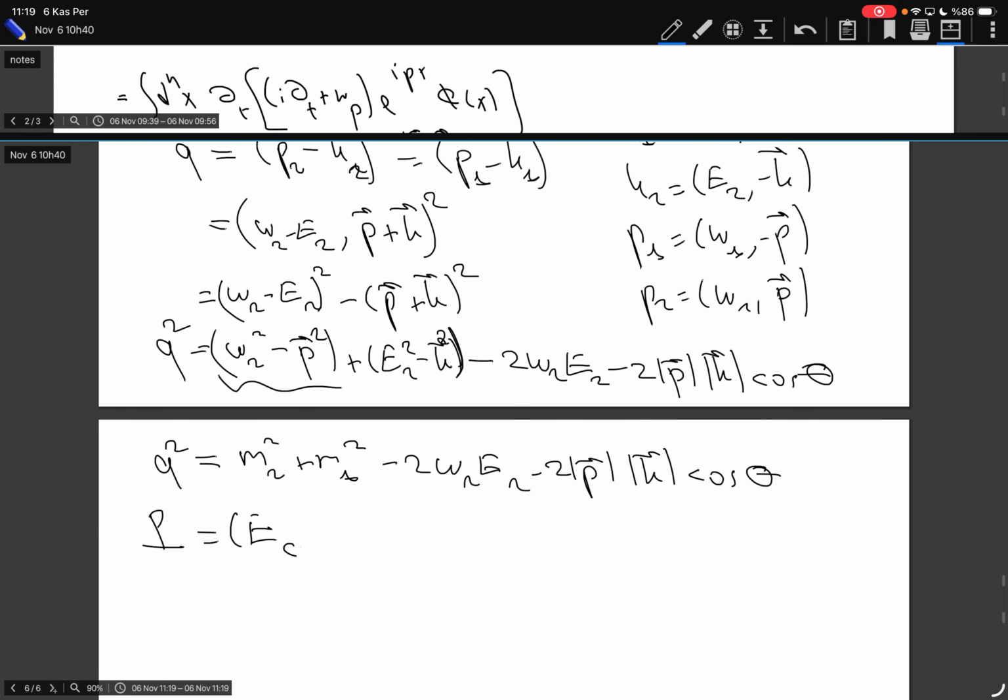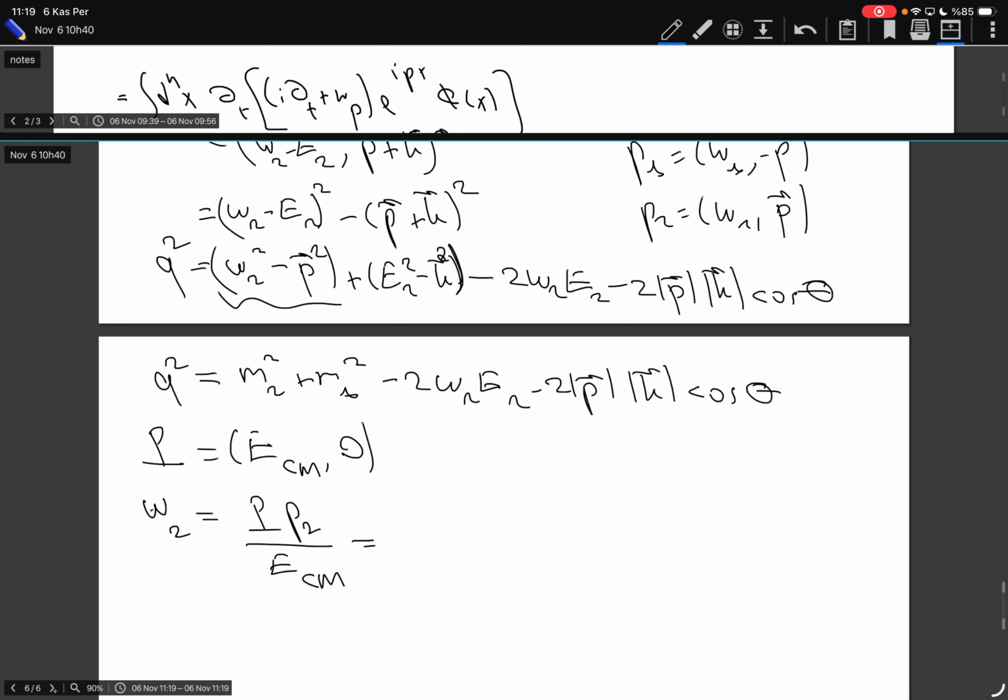This is E center of mass 0. Well, I already know what omega 2 is. This is capital P times P2 divided by E center of mass. Capital P is also P1 plus P2. Which will be, no vector over here.